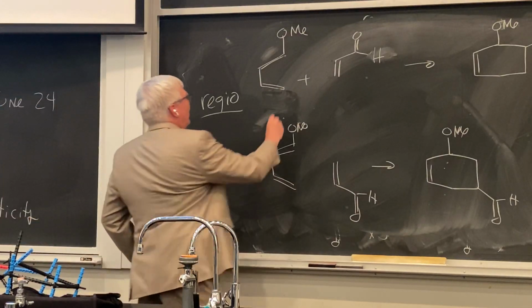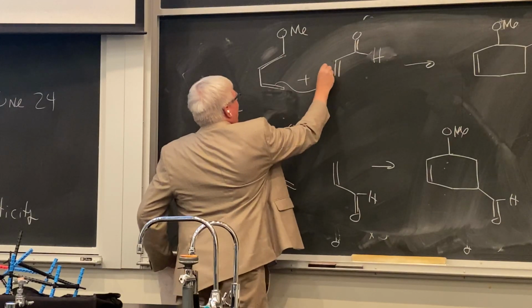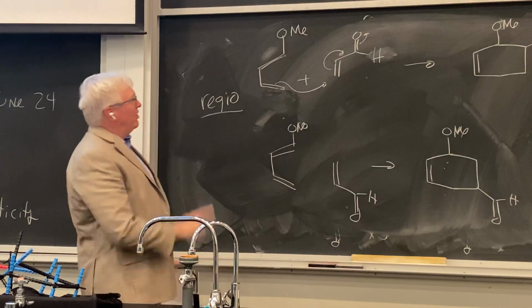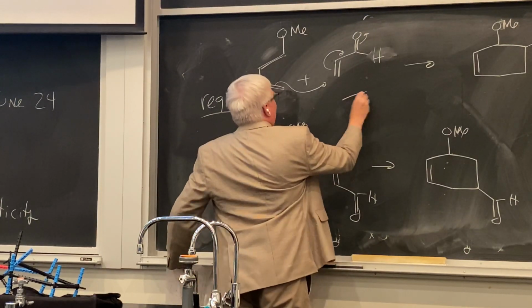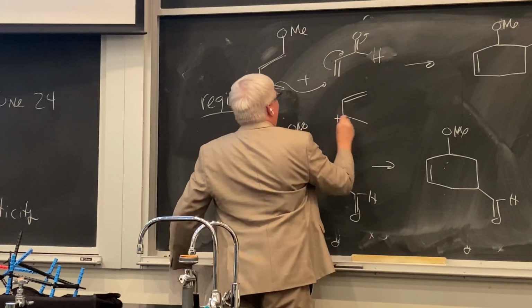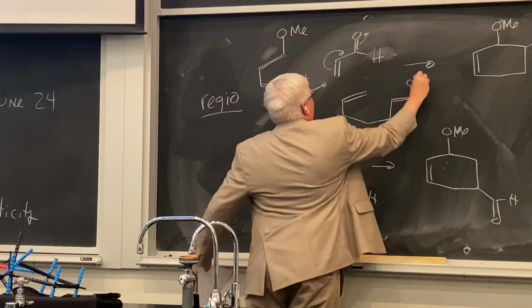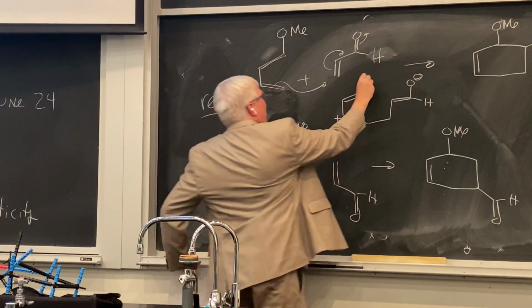So let's go ahead and do the stepwise reaction here. And if we push the electrons up here, up onto the aldehyde, and just do that motion of electrons, what do we get? We get the carbocation there, our new sigma bond there, and the electrons pushed over, and O minus right there. Oh, we still have the OMe there.